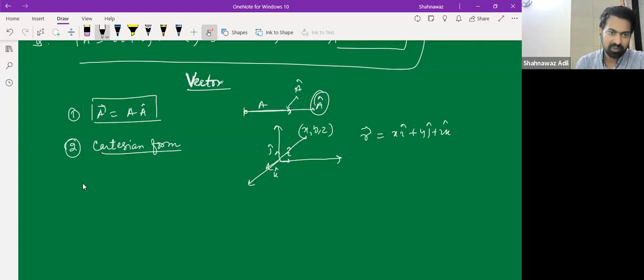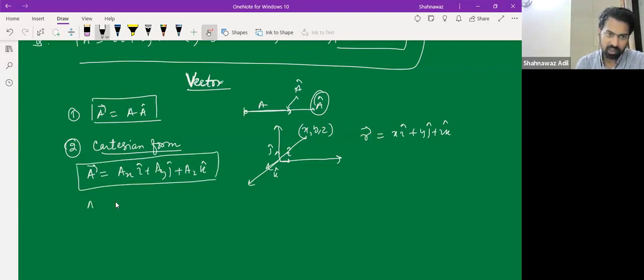So similarly, we can write any vector as x component, y component, and z component, right? And then we calculated the magnitude of this vector as this, and the unit vector by dividing the vector with the magnitude.